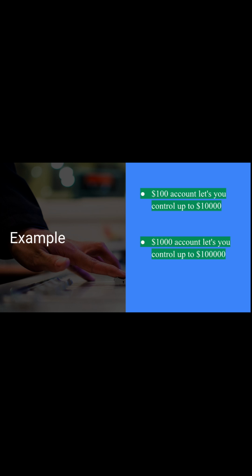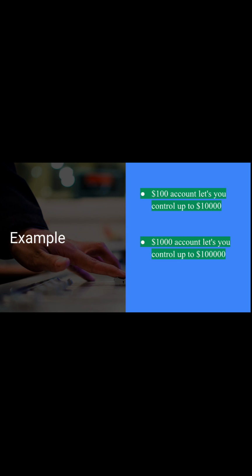Now assuming you have $100 in your account and you choose 100x as your leverage, instead of trading with $100, you'll be trading with $10,000, because 100 by 100 is actually 10,000. Any trade you're entering with those funds will be seen as $10,000.